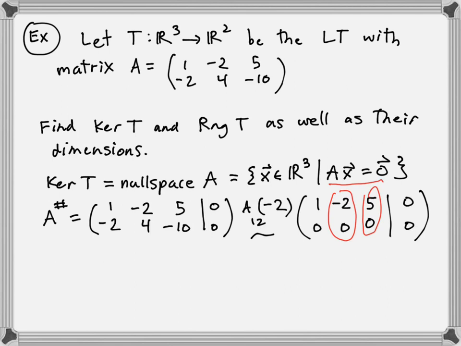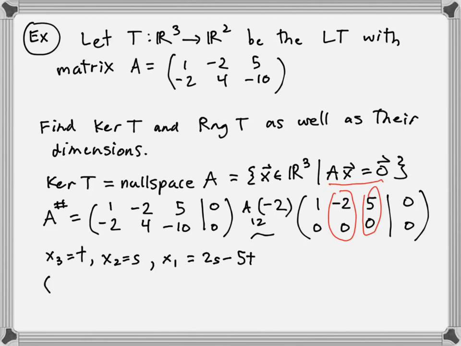So I'm going to create 2 free variables here. Let's say that x3 is t and x2 is s. Then this means that x1 is equal to 2s minus 5t. So our solution set is equal to the following.